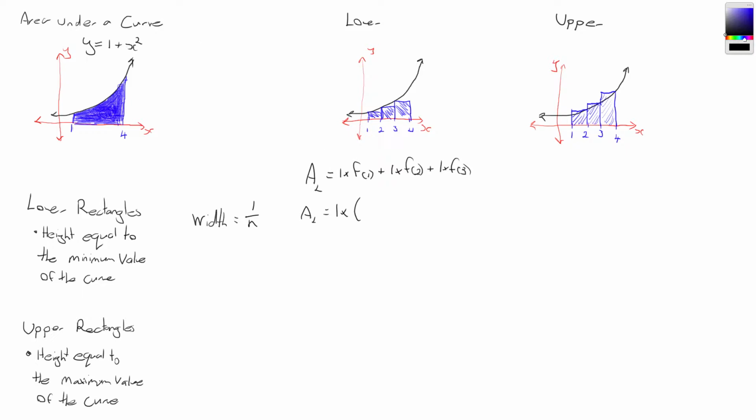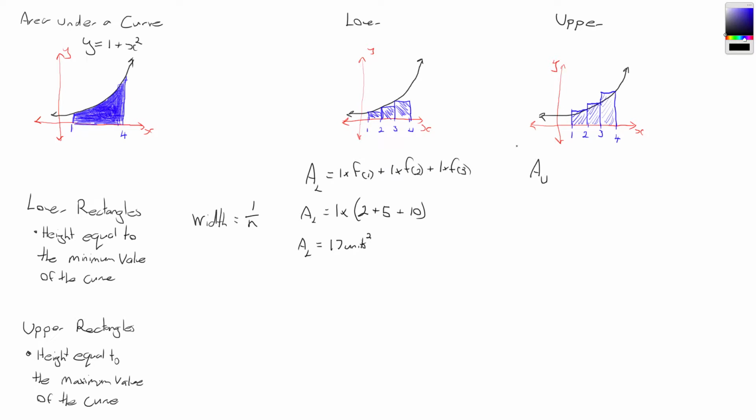If x is equal to 1, we've got 1 squared, which is 1, plus 1, which is 2, plus when x is equal to 2, well, 2 squared is 4, plus 1 makes 5, and then 10 for the last one. So all of this will add together to be 17 units squared.